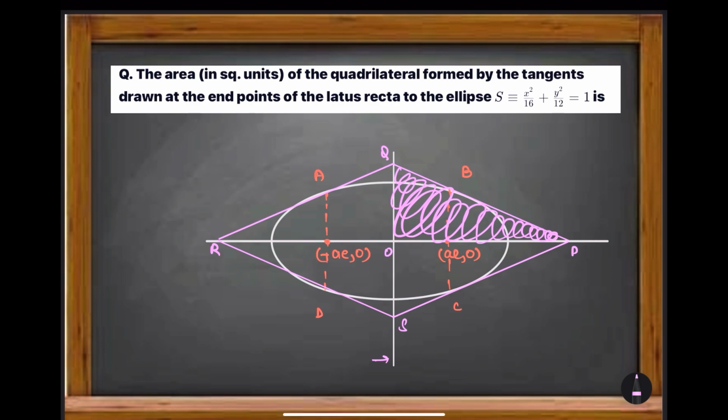So let's try to find coordinate B. It is the endpoint of the latus rectum. You know that the equation of the curve is x square by 16 plus y square by 12 equals 1. So who is A? A is 4. We have to find E, then only you will get AE. So let's calculate E. You have A square, B square, and you have to find E. Do you know the relationship between A, B and E?